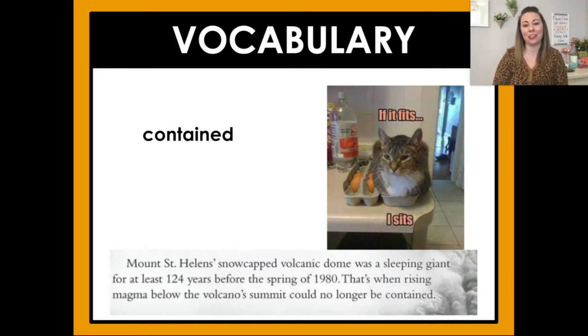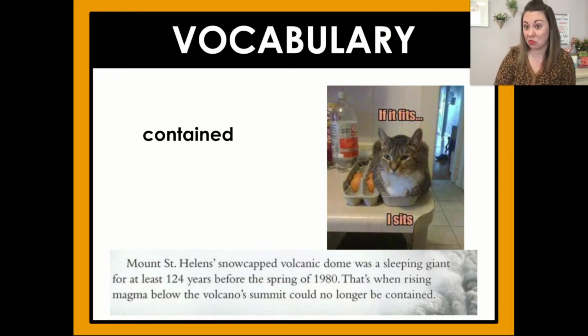For vocabulary, you have the word contained. And you can see the picture here with the cat in the egg carton. If it fits, I sits. So, in the text it says, Mount St Helens snow-capped volcanic dome was a sleeping giant for at least 124 years before the spring of 1980. That's when rising magma below the volcano summit could no longer be contained.